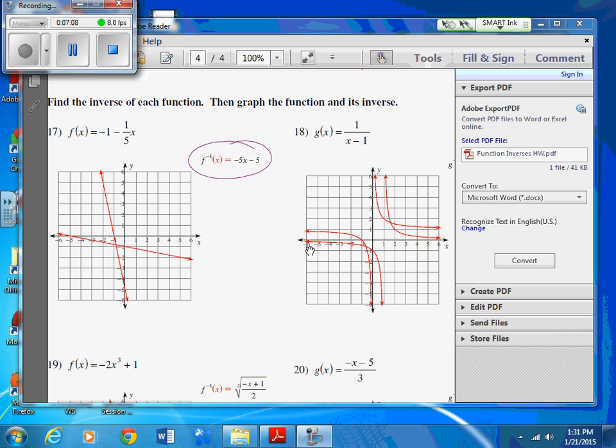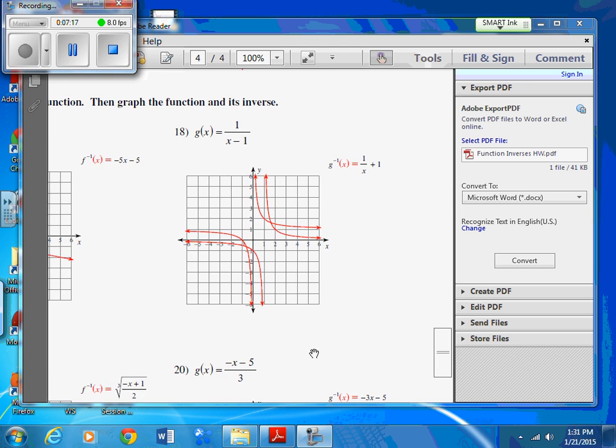Now for 18 is a little complicated, and I would highly suggest that you put this into your calculator. Okay, but looking at this, we should realize that if we put x equal to 1 into g, we are going to get 1 minus 1 in our denominator, which will give us an undefined fraction. So we cannot have anything happening for g of x at x is equal to 1.